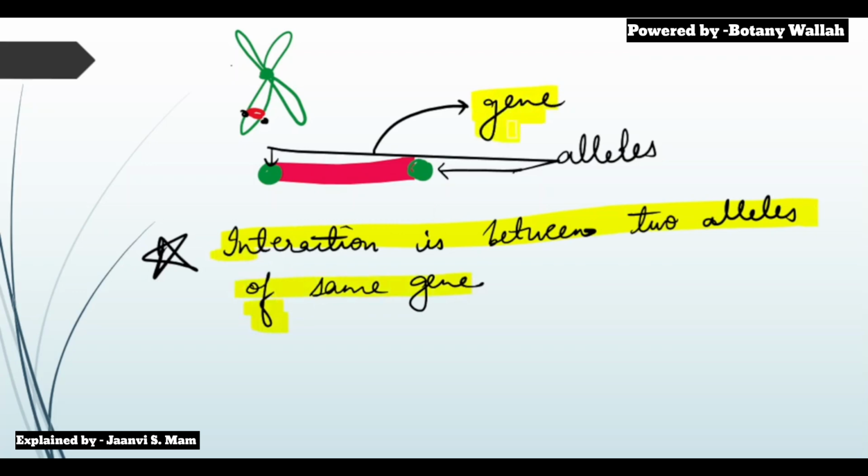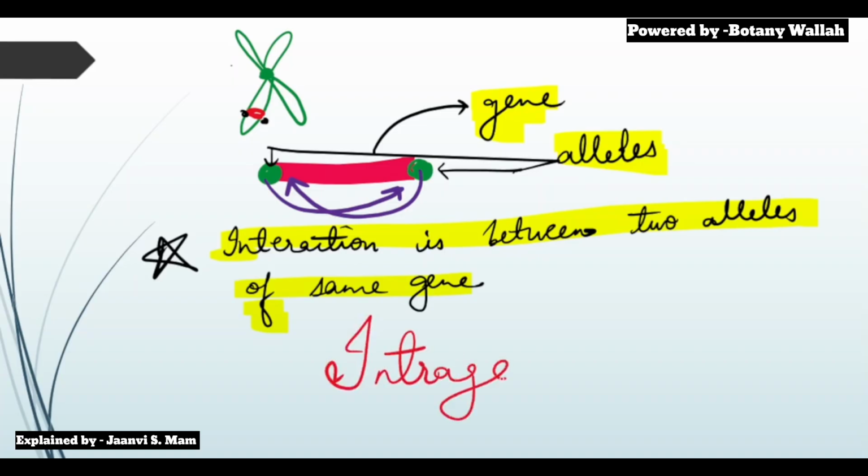See, I have shown a gene and I have shown two alleles. So the interaction is among these two only. So it is known as intragenic interaction.